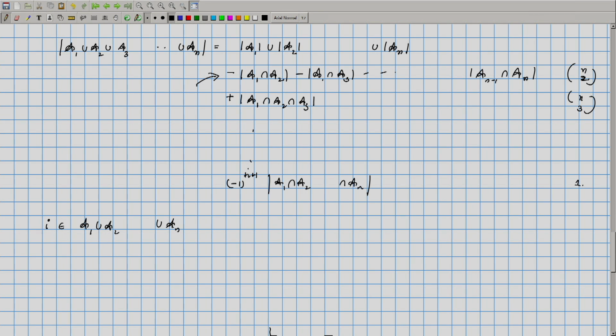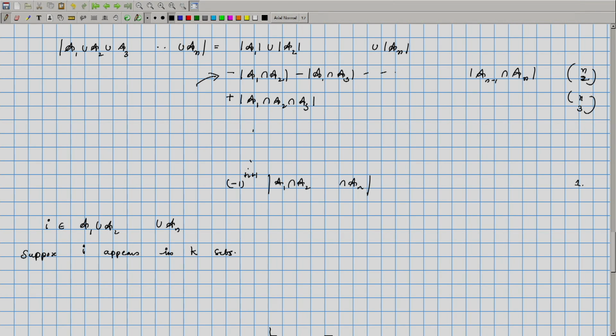Now, suppose the element i appears in k sets. Suppose i belongs to k different sets from A1 to An. Only those terms are going to contribute to the count of i on the right hand side.